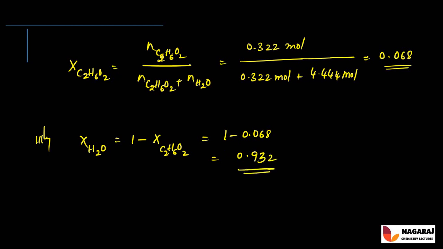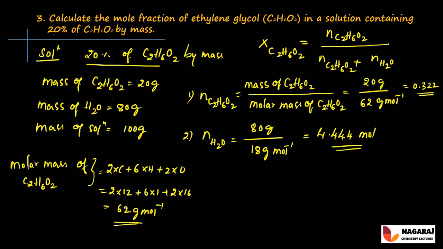So the mole fraction of ethylene glycol is 0.068 and the mole fraction of water is 0.932. This is the method used to calculate the mole fraction of the components present in the solution. The solution contains 20% ethylene glycol, which means 20 grams of ethylene glycol is mixed with 80 grams of water, and finally it gives 100 grams of the solution.